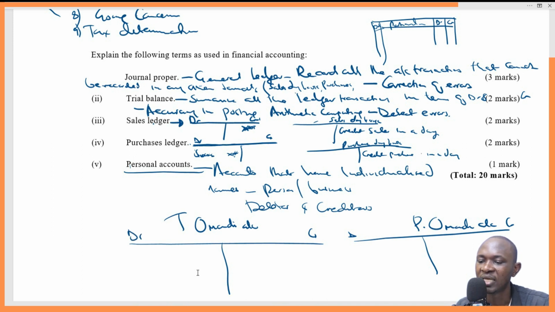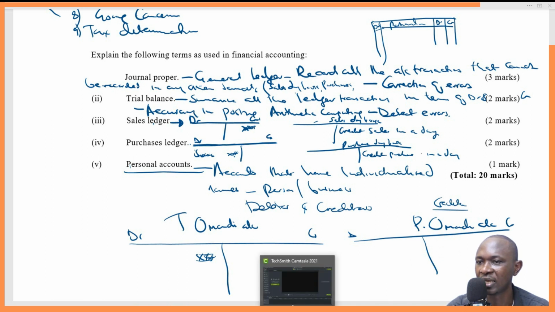So if T. Omondi is a debtor, it is an asset, so debit account. P. Omondi, if P. Omondi is a creditor, is a liability, liabilities are credited. Liabilities are credit accounts, assets are debit accounts, so you debit. Liabilities are credit accounts, so you credit like that.